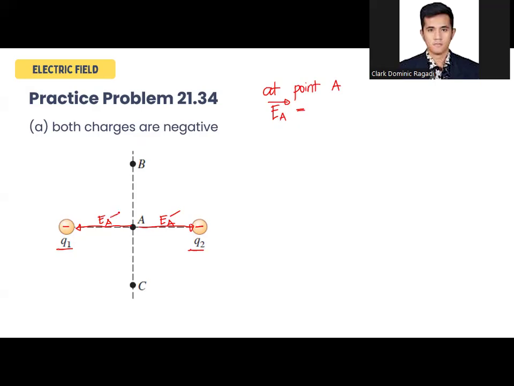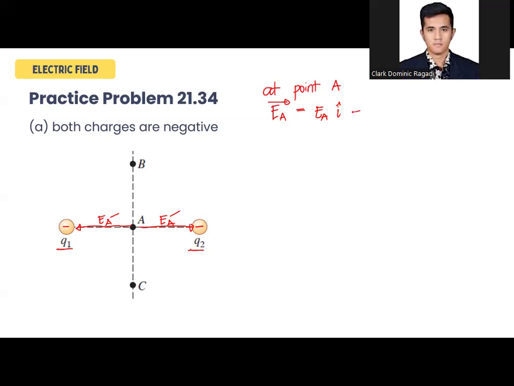So let's do the vector for Q2. As you can see, the direction of EA due to Q2 is going to the right, meaning that's positive. We can write that as EA, it's in the x direction, so we have to use i hat. And then the electric field due to Q1 is negative because it is due west.